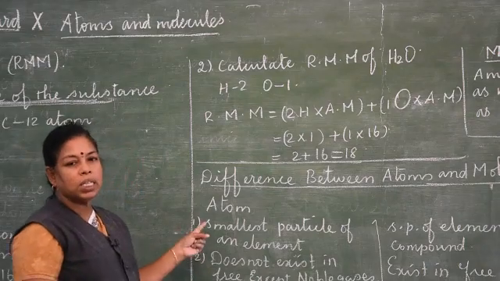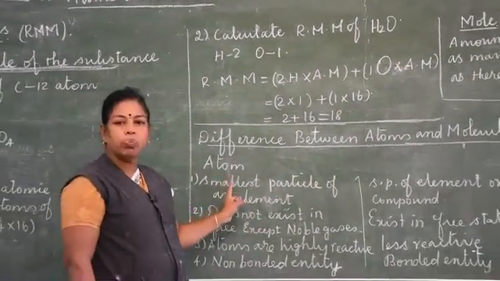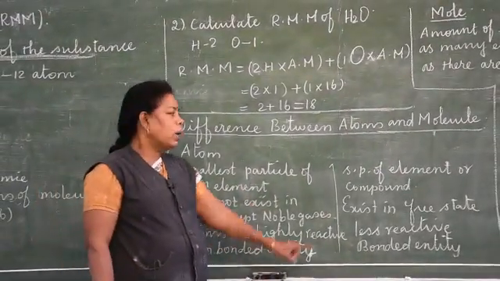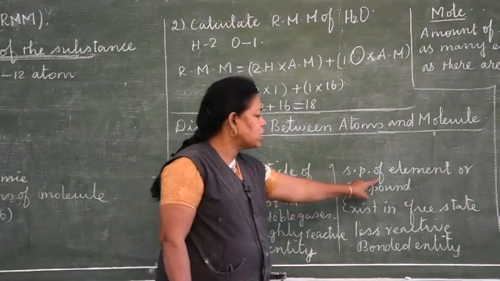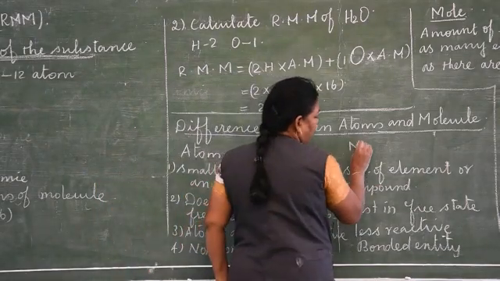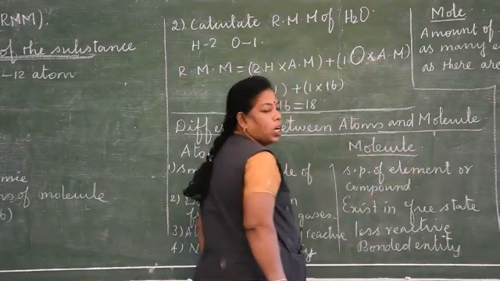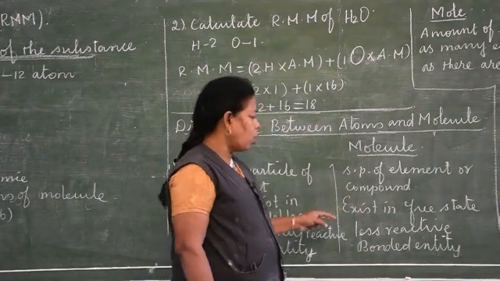Now we are going to see the differences between atoms and a molecule. Atoms are the smallest particle of an element, but molecules are the smallest particle of an element or compound.